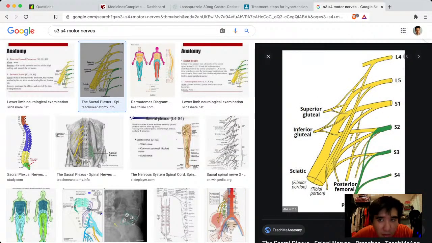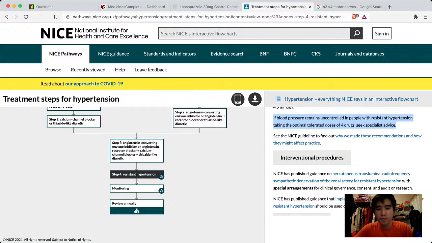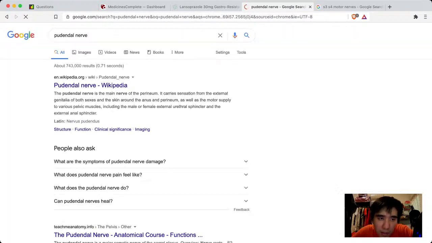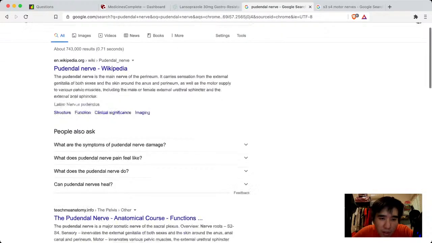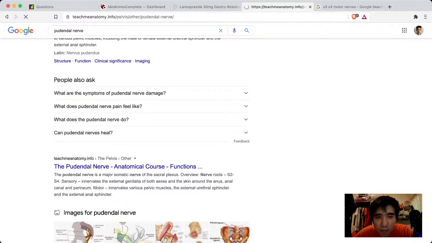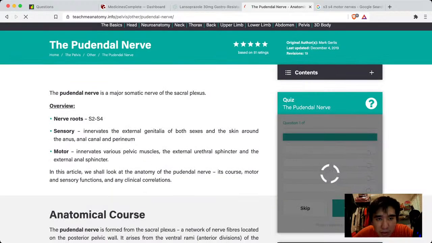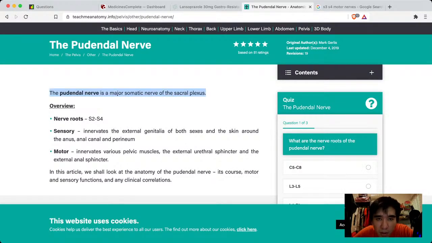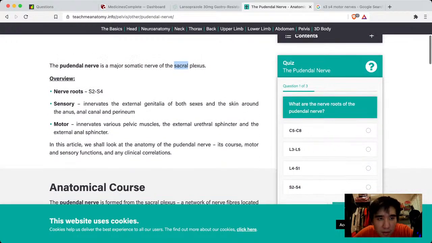S3 and S4. Pudendal nerve. What does the pudendal nerve supply? Teach me anatomy. The pudendal nerve is a major somatic nerve of the sacral plexus. Nerve roots S2 to S4.